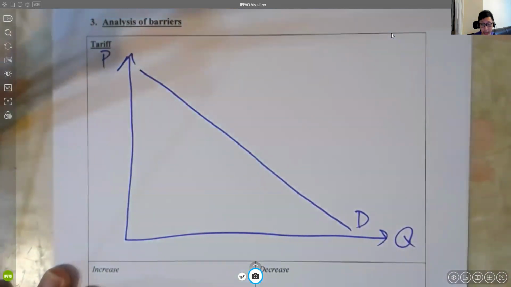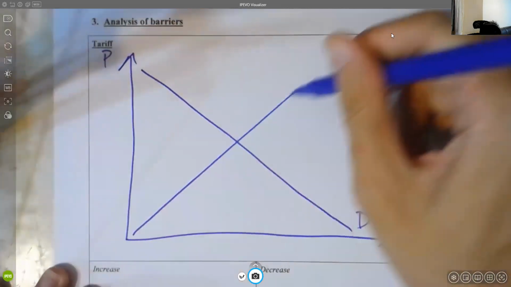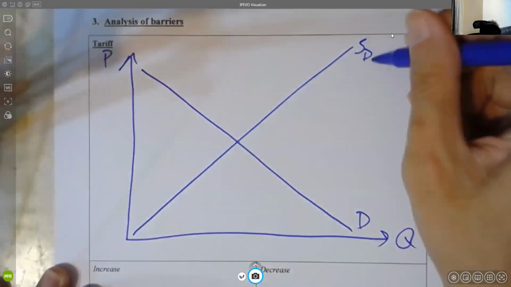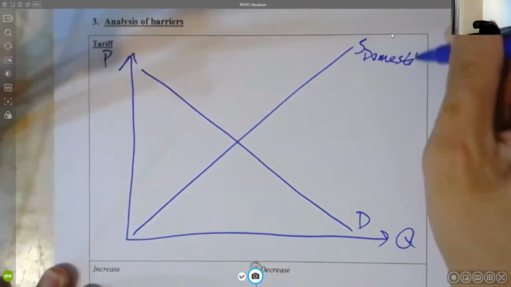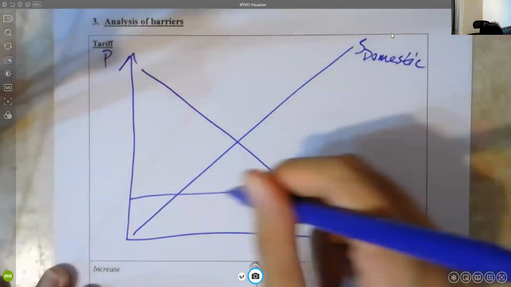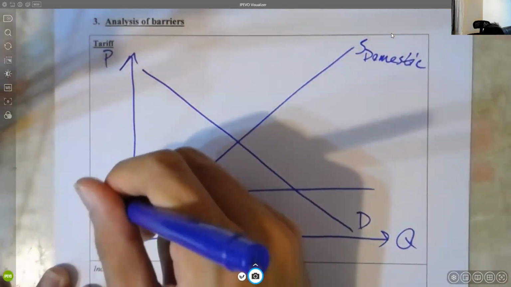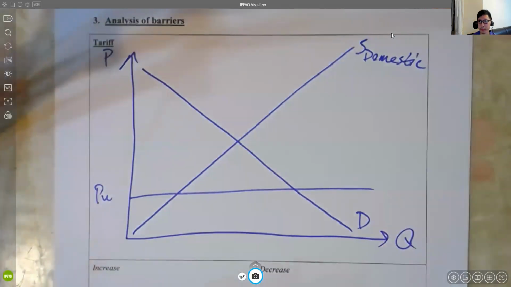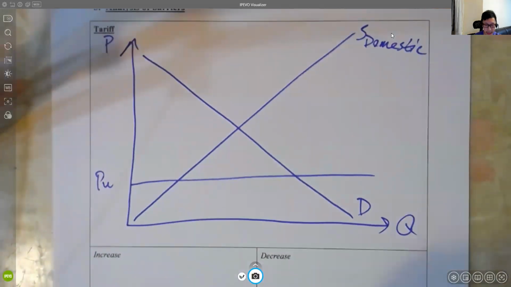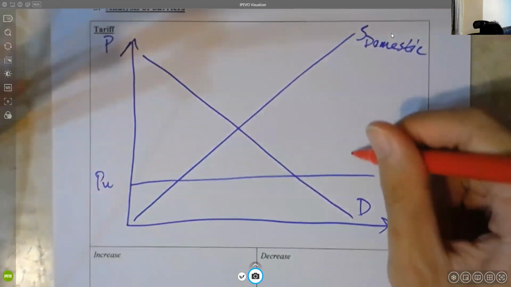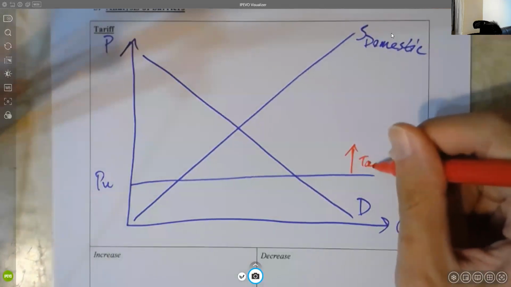Then we have our domestic supply. And we have our original world price. So let's say I have a tariff of this.